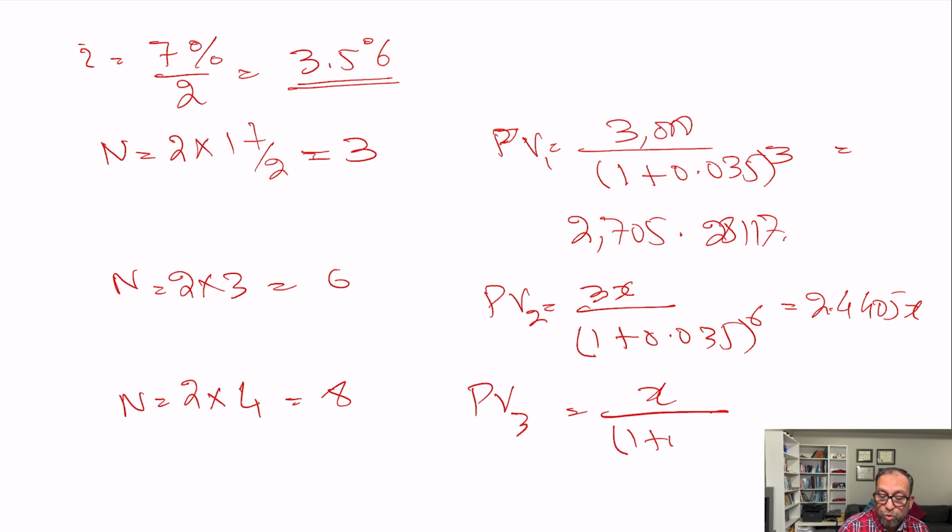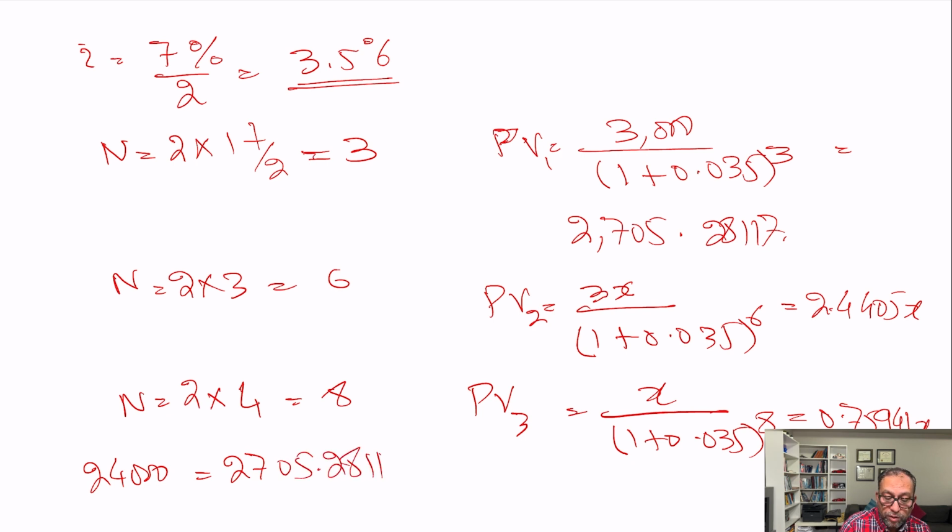So 1 plus 0.035 exponential 8 is equal to, how much did we get? 0.75941x. So we know that the present value, 24,000, should be equal to these present values: 2705.28117 plus 2.4405x plus 0.75941x.